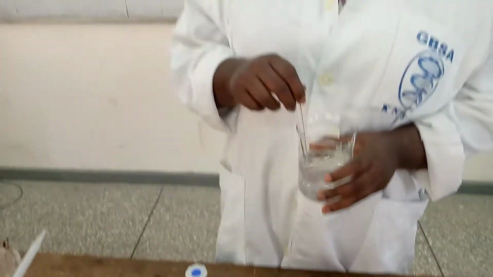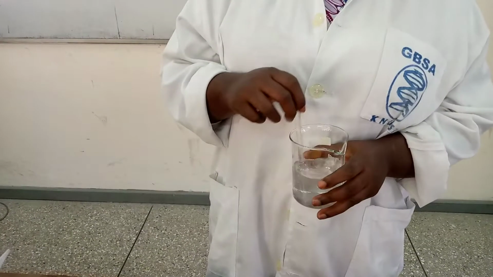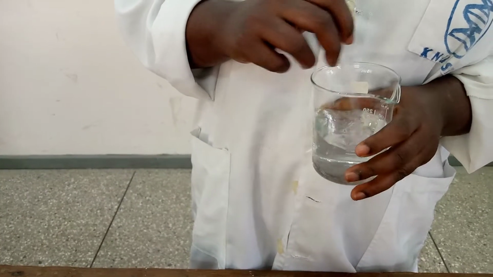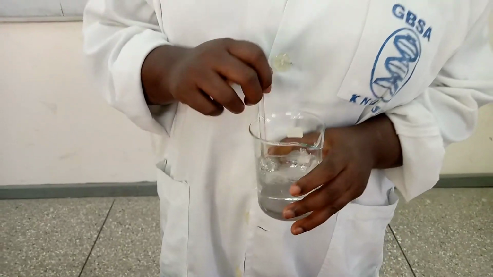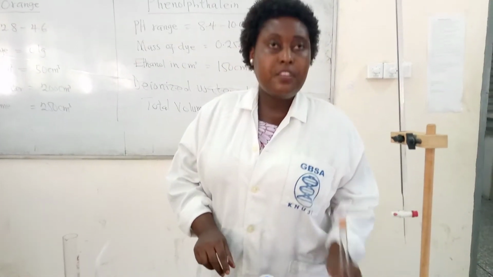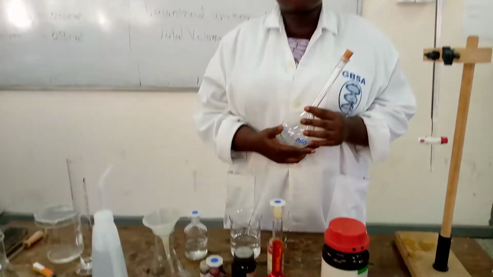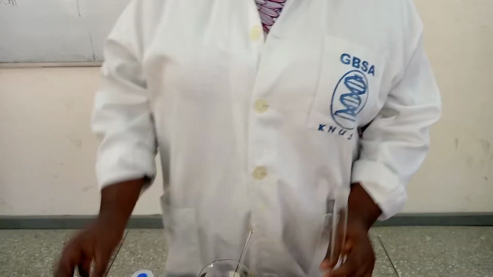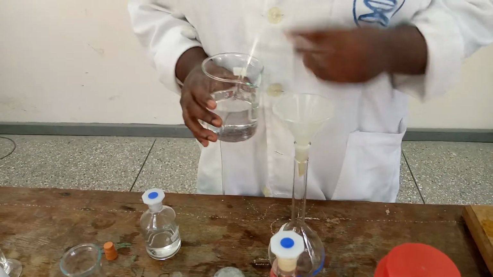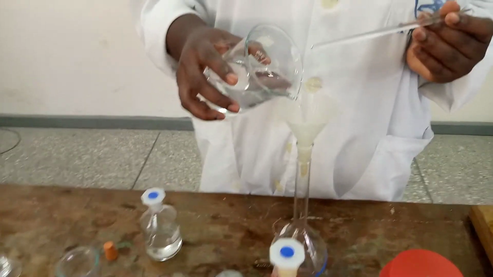I have to stir for the powder to dissolve completely, so that's what I'm doing now. Yes, everything has been dissolved. So I'll transfer it into my 250 ml volumetric flask. Using the funnel, transfer it quickly.